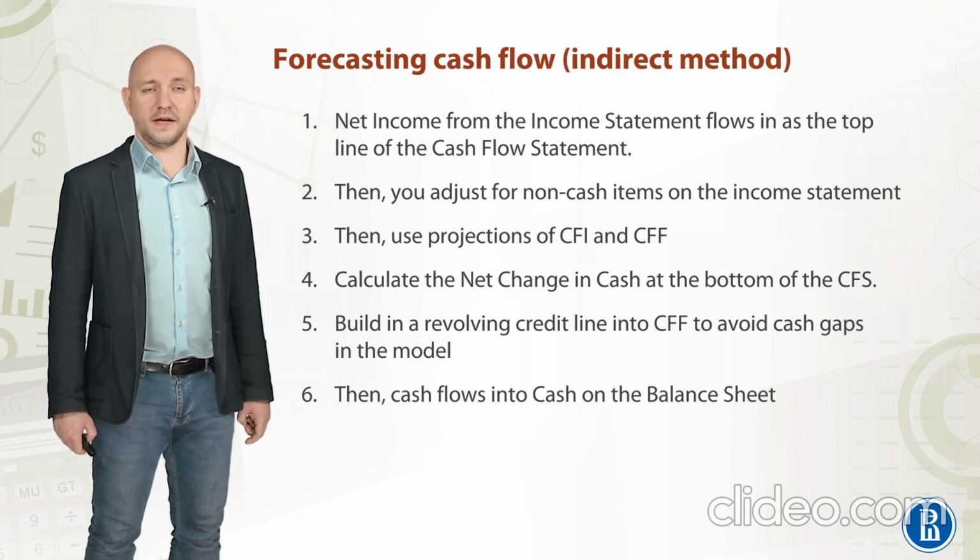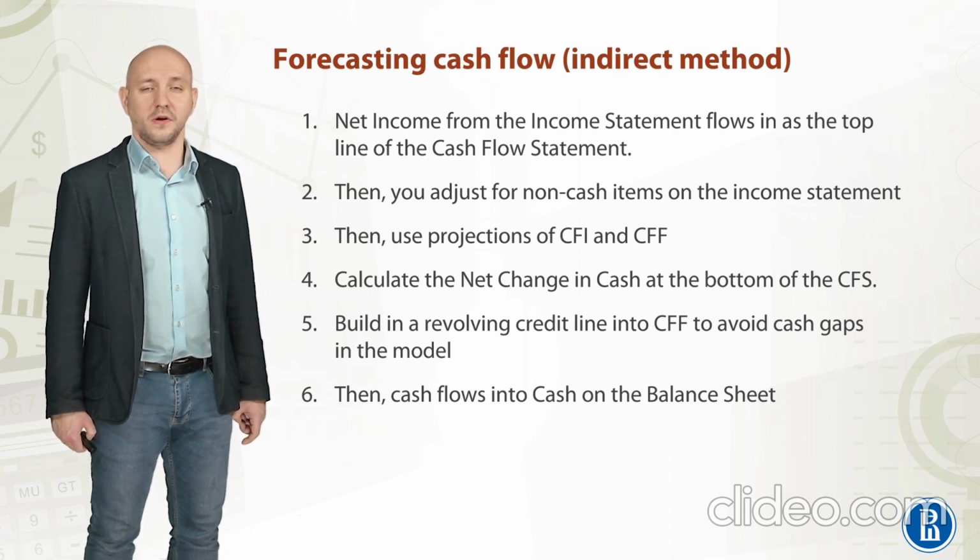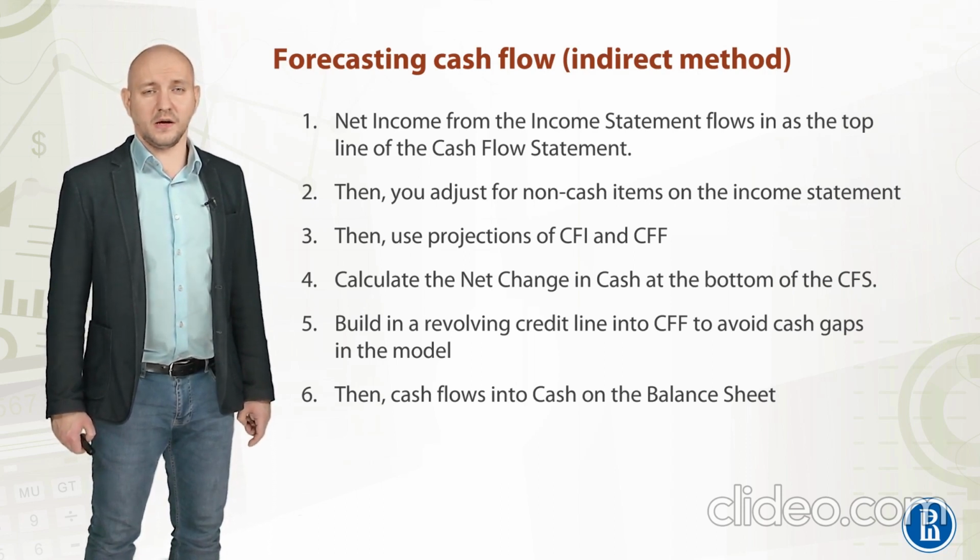Then at the next step, we project cash flow from investments and cash flow from financing, which are again based on the methods that we have already covered in our previous lectures. After that, we calculate the net change in cash at the bottom of the cash flow statement.